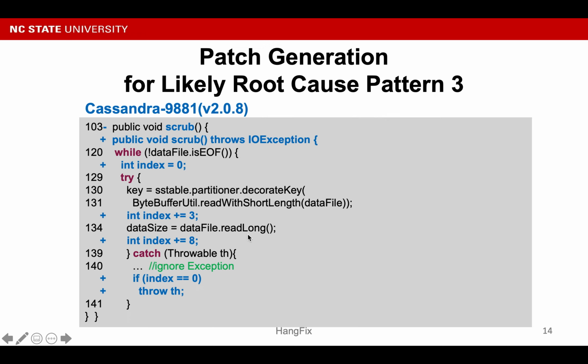If the read long function is correctly executed, the loop index is moved forward 8 bytes. We also insert checkers inside the exception handling strategies. If the loop index is not updated, then we throw an exception to jump out of the loop.